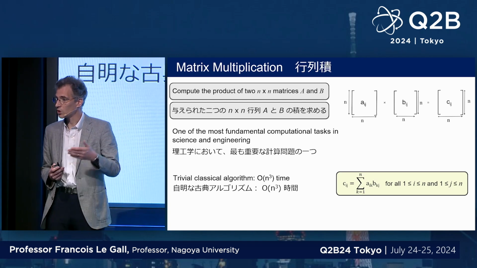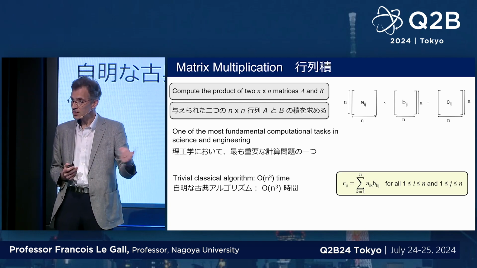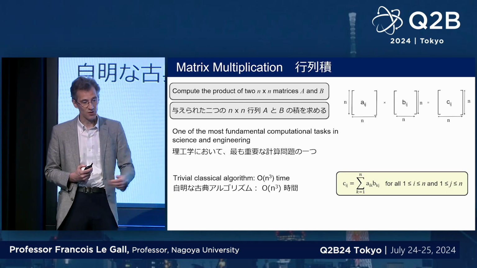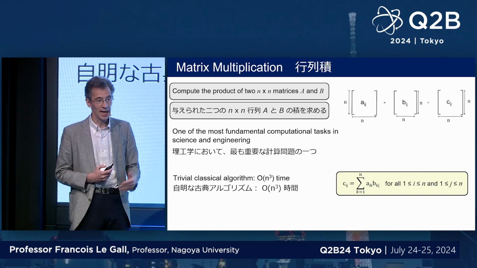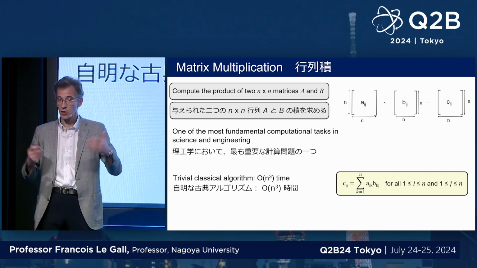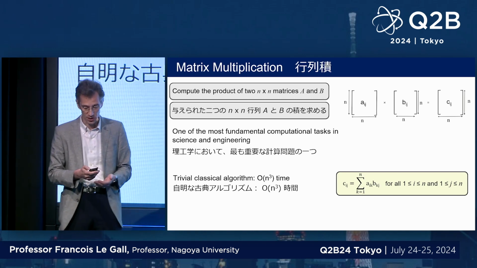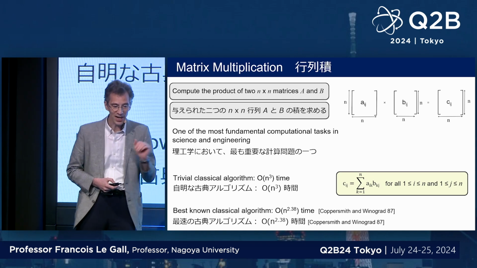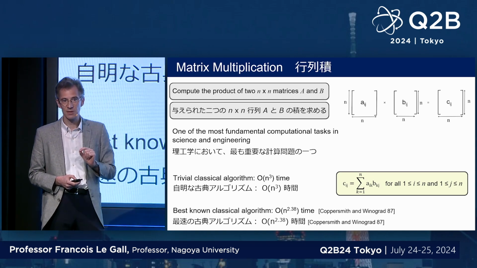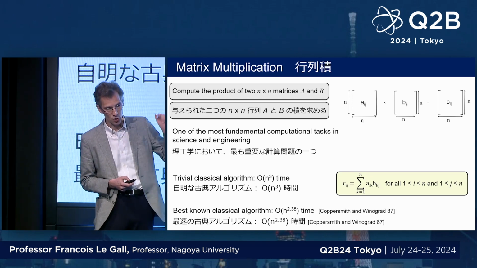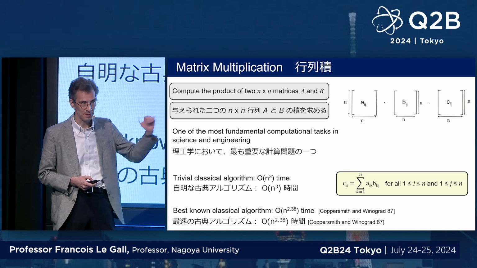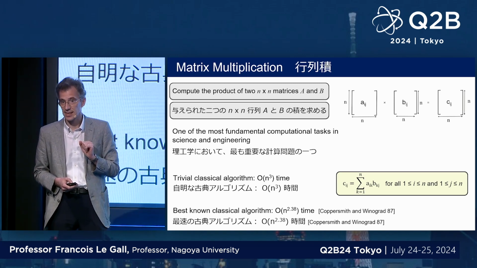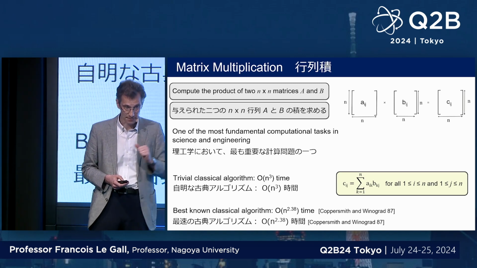You want to compute n squared entries. For each entry, you can use that formula, so it's essentially a linear number of operations. So in total, a cubic number of operations. If you use very clever techniques, you can improve the exponent down to 2.38, but this is really the limitation of current classical algorithms for dense matrix multiplication.